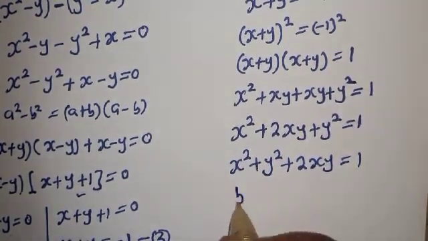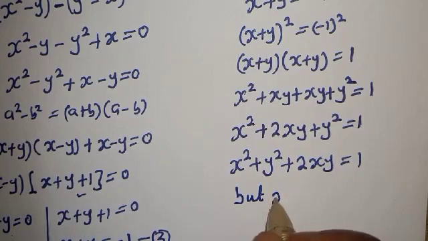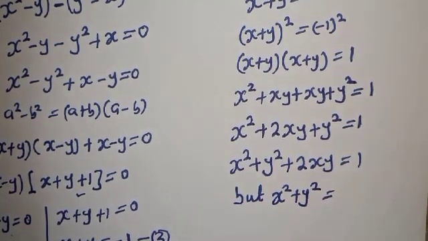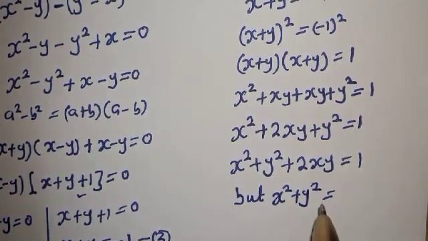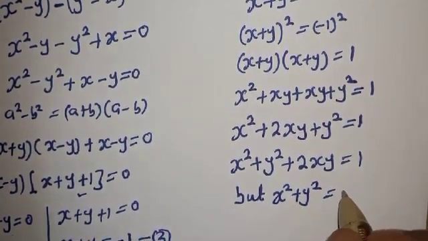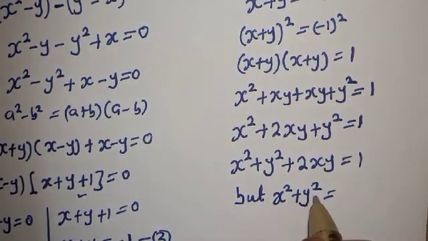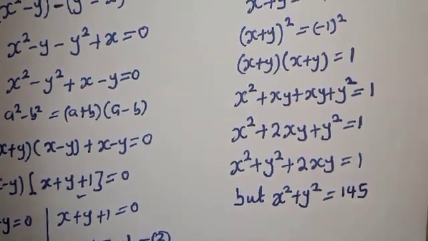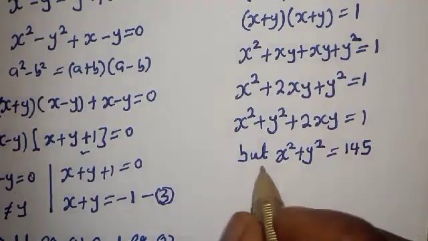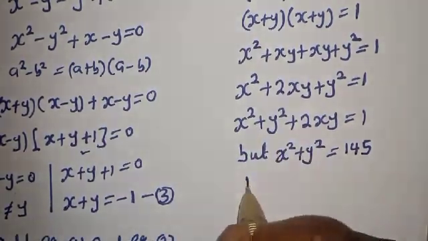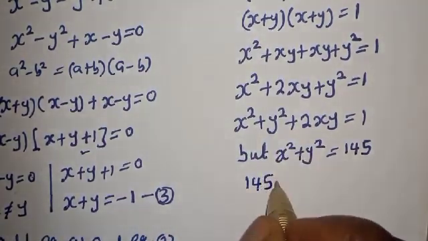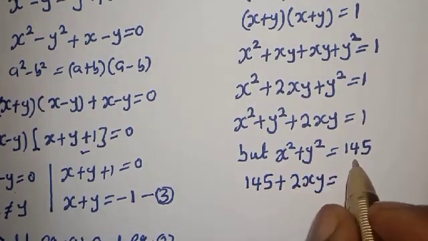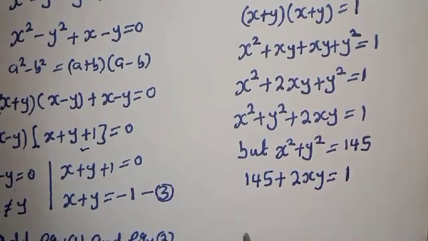But x squared plus y squared is equal to 145. So we have from here 145 plus 2xy is equal to 1.